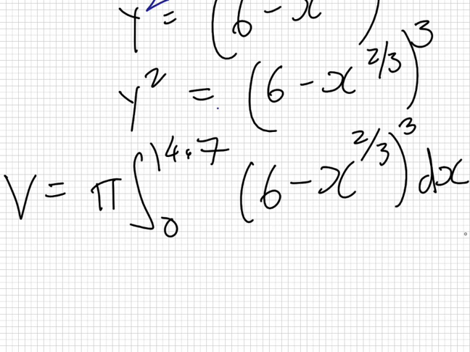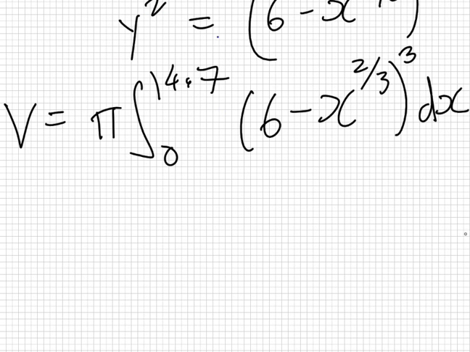What rule would I need? Let u equal 6 minus x to the power 2 over 3. But I actually think a quicker way would be to expand it, because the power is small. The power is just 3. So I'll expand it first.